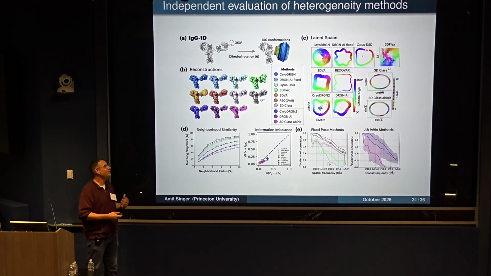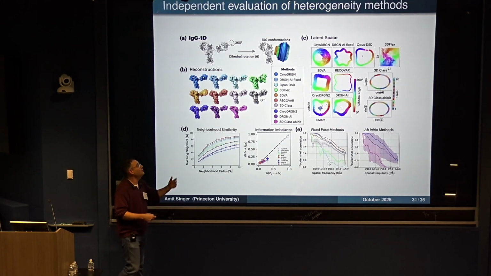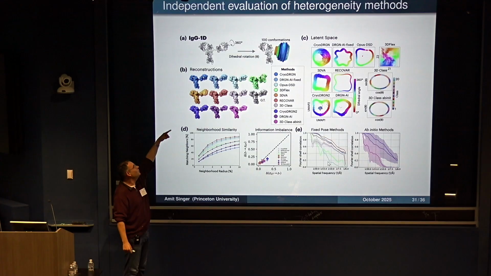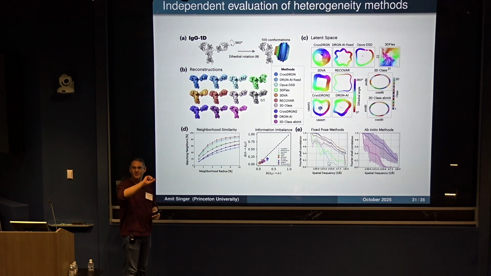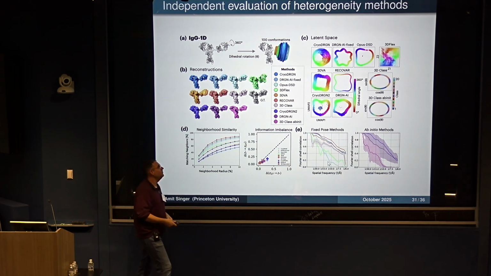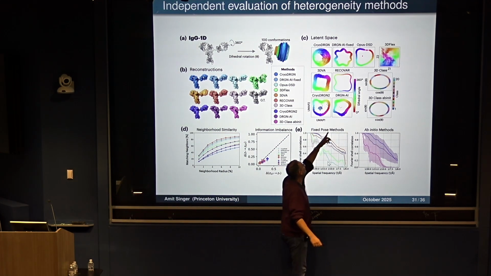I want to show the embeddings that you get. So here is, again from their paper, an example of conformational heterogeneity where just one part of the molecule is rotating 360 degrees. So the embedding should just look like a closed curve. And you can see that closed curve really well here.